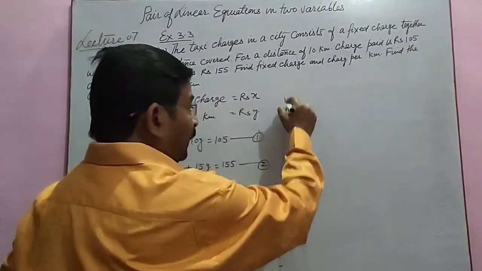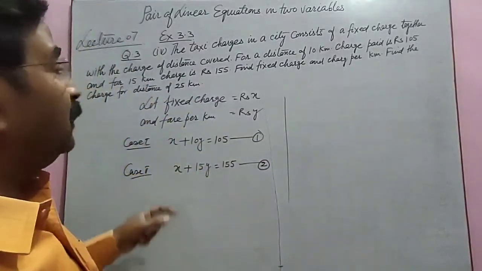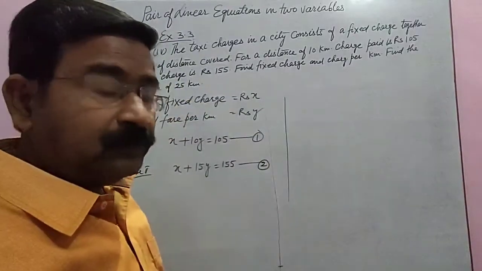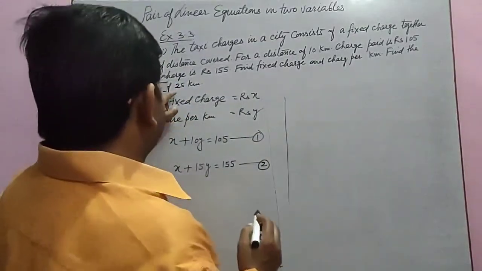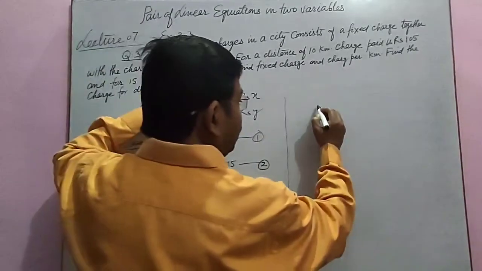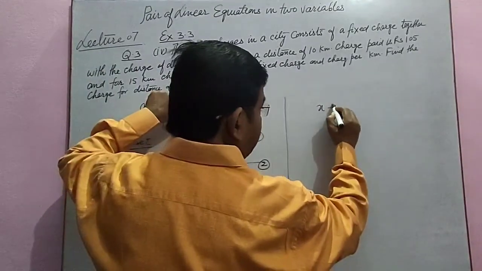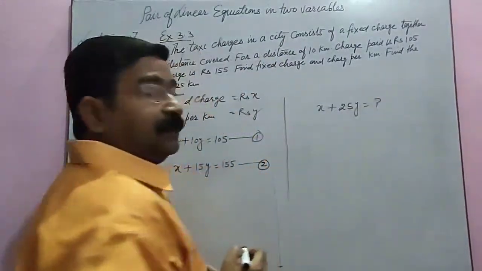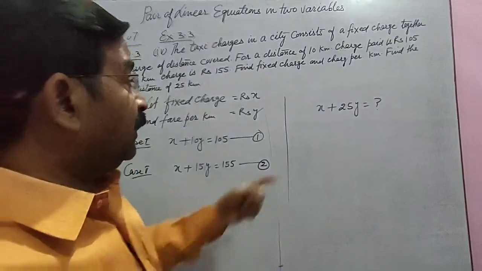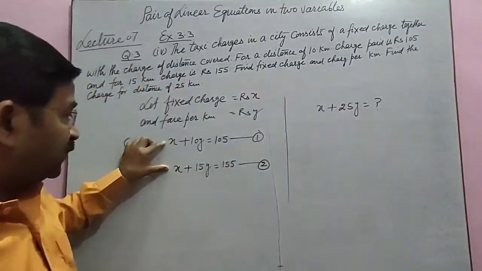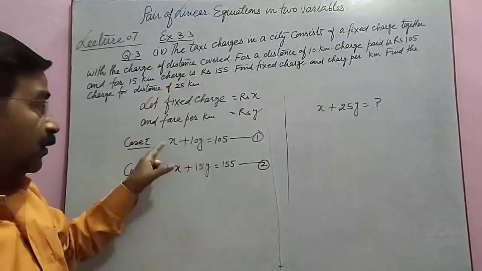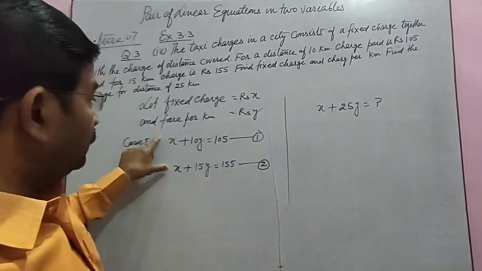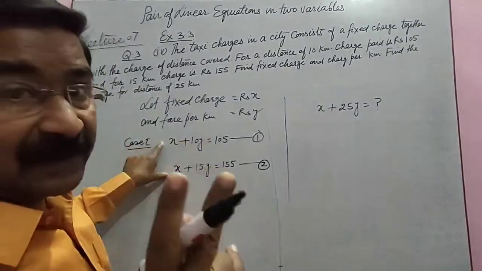Now after that finally we have to find the charge for a distance of 25 kilometers. Let's see. Fixed charge for any distance is X rupees plus for 25 kilometers 25Y, and we have to find the fare for this distance. Here we have used the fixed charge twice because it is a break journey. First 10 kilometers, then 15 kilometers. So in these two journeys, the fixed charge has to be paid twice.